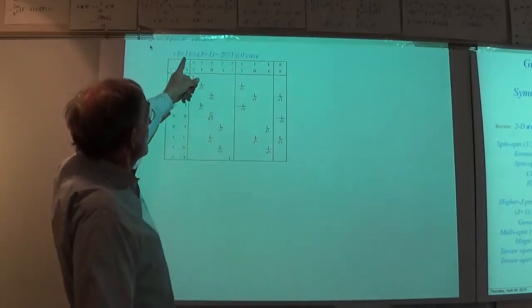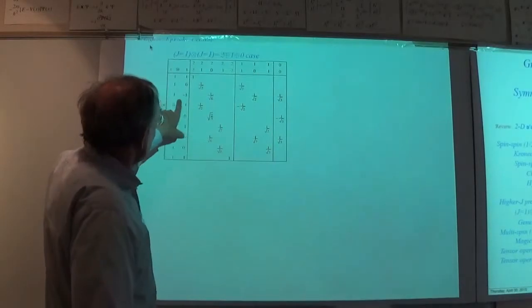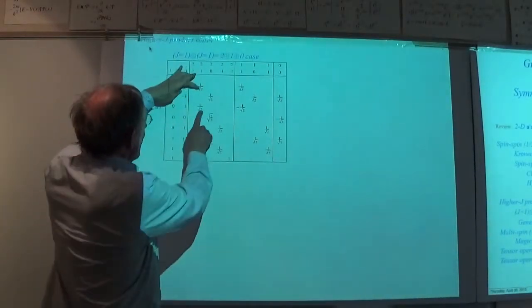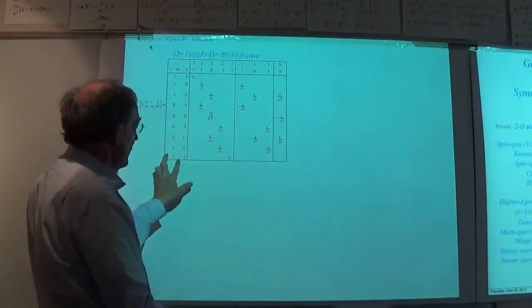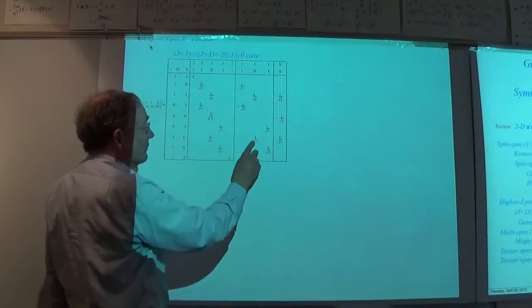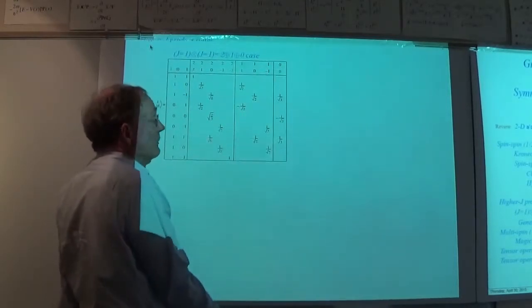If I do j equal 1 cross j equal 1, I get 2, 1, and 0. The 2's are symmetric, you see, to permutation. The others are anti-symmetric to permutation, the 1's. And then there's a scalar, which in this case is symmetric.